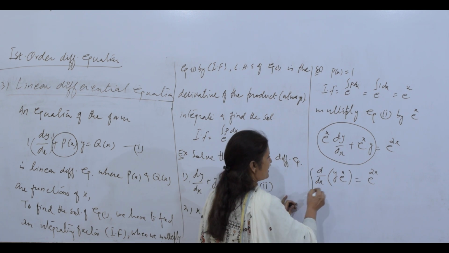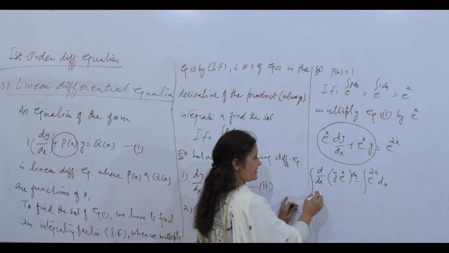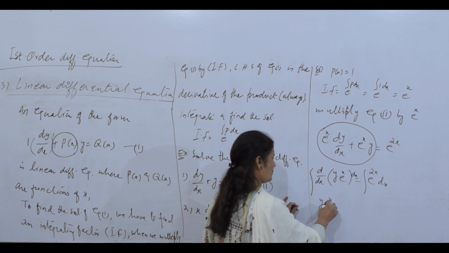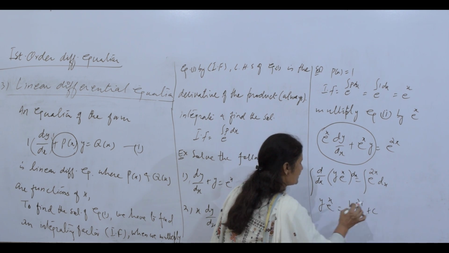So I am integrating with respect to x. The derivative and integral cancel because they are reciprocal, and this is half e^2x plus a constant of integration.